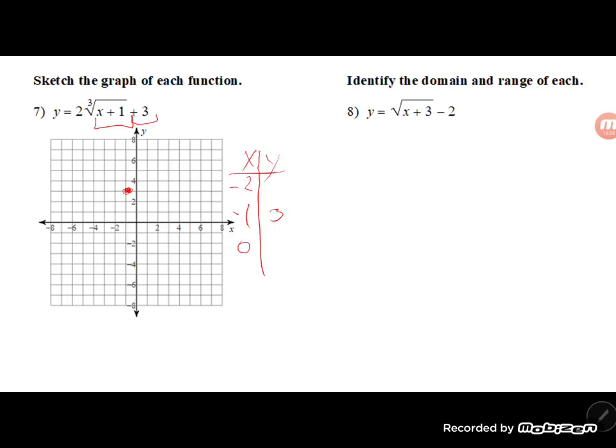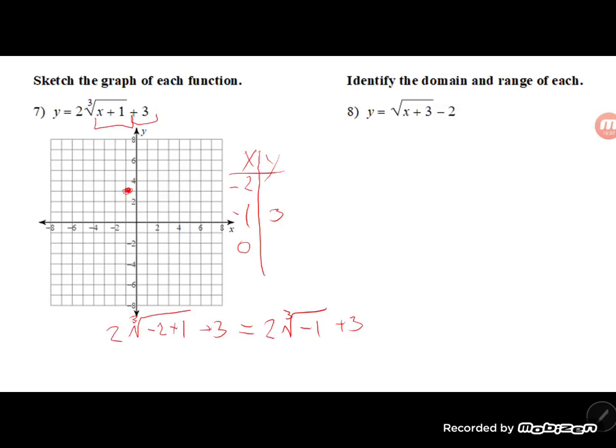If I did that, I'll show the work down here. So for -2, we would have 2 cube root of -2 plus 1, plus 3. I do inside the radical first. That's going to be the cube root of -1. So cube root of -1, that 2 is still on the outside, plus 3.